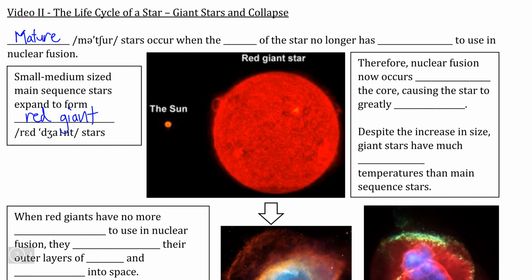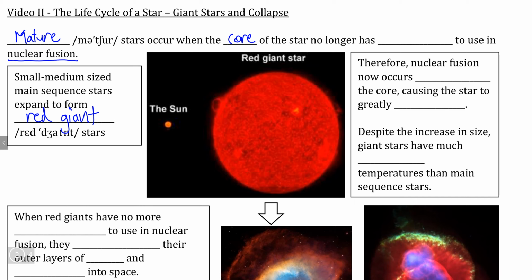So what exactly causes red giant stars to form? Well, to understand that, we need to remember what the function of the core of a star is. Remember that the core of the star is where the majority of nuclear fusion takes place in order to generate the star's energy.